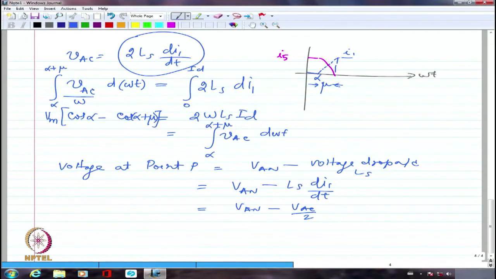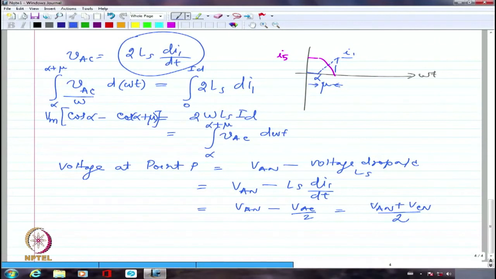It is (VAN minus VCN) by 2. So I have VAN minus VAN by 2, which is first of all VAN by 2 itself, and there is minus VCN by 2. So minus of minus VCN by 2 is plus VCN by 2. So I can simply write this as (VAN plus VCN) by 2. Am I right? Just arithmetic manipulations, nothing more than that.